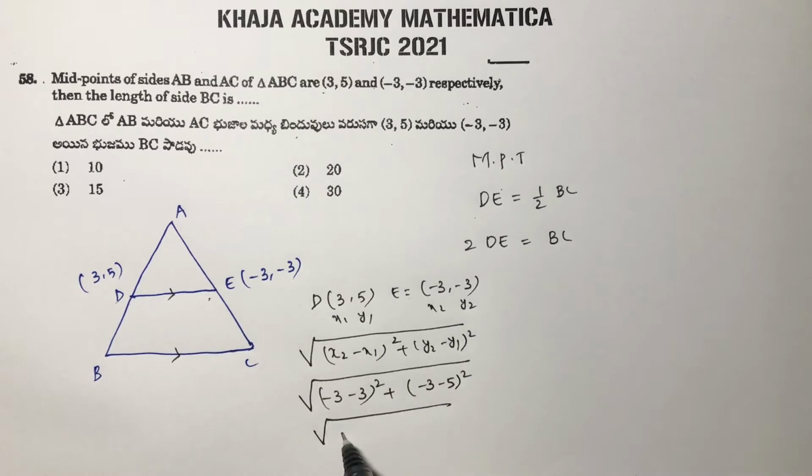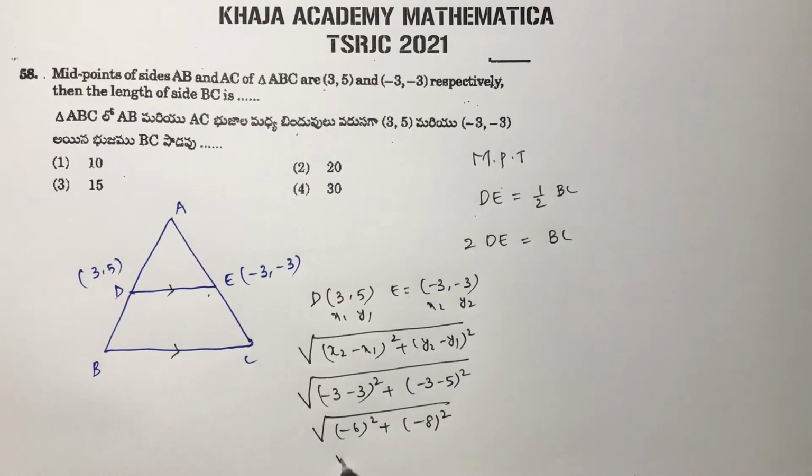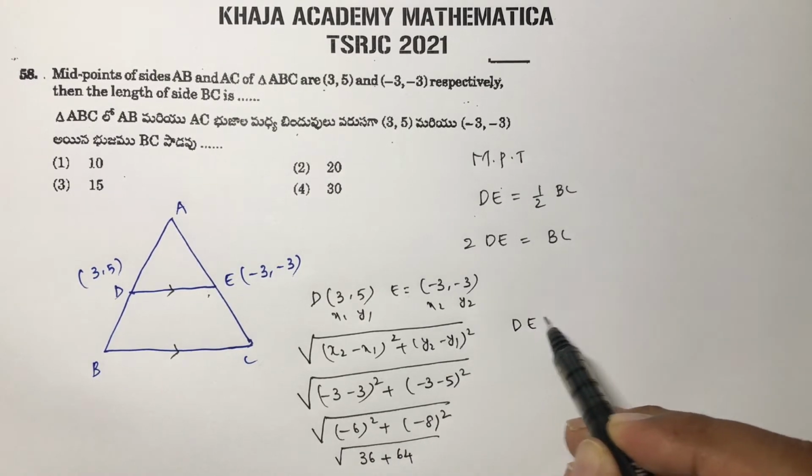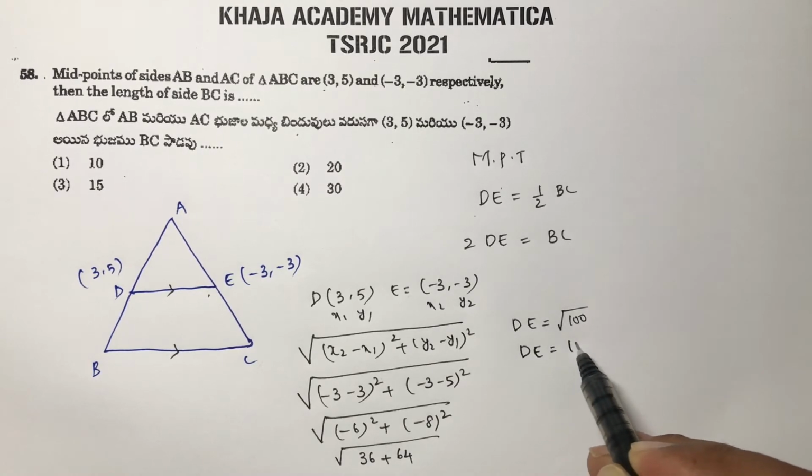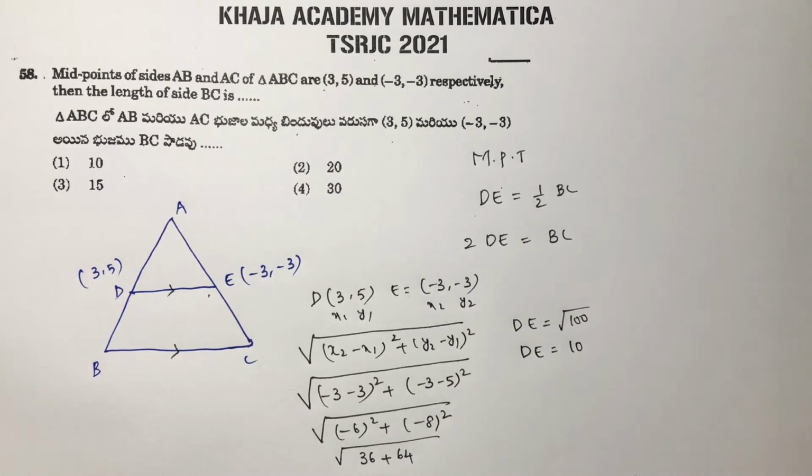So it's (-6) whole square plus (-8) whole square. (-6) whole square is 36, (-8) whole square is 64. So DE is root 100. So DE is 10.